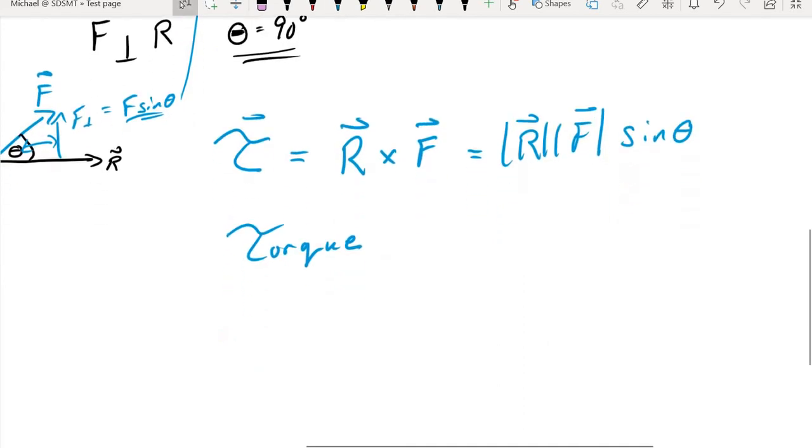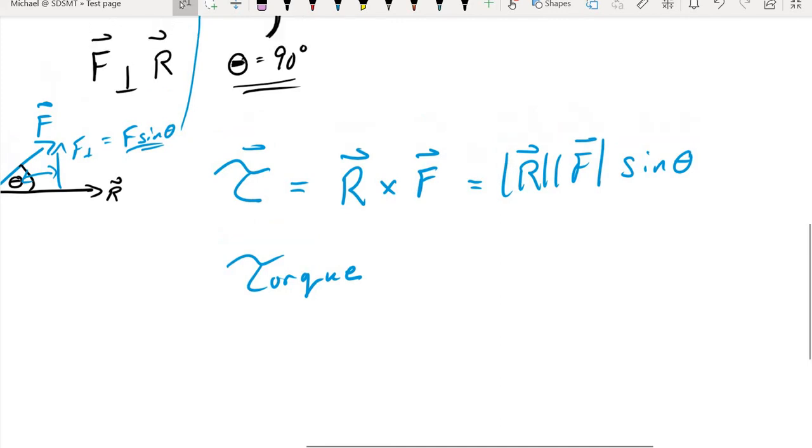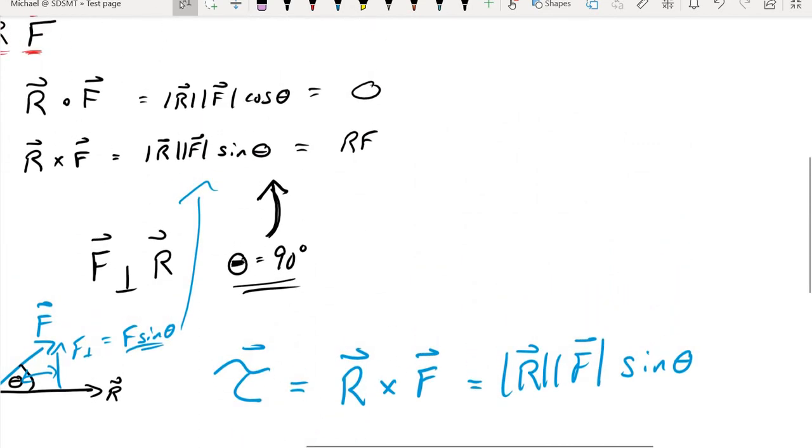So torque is the measure of how much rotation, or the rate at which this force is going to provide rotation for our object. And as you can see, I have written torque as a vector, and that's because with the cross product, the true name for this should be the vector cross product.